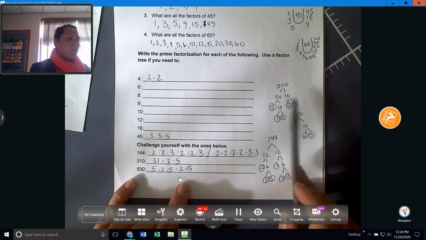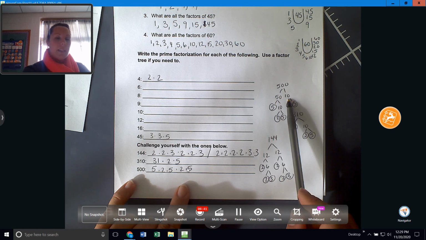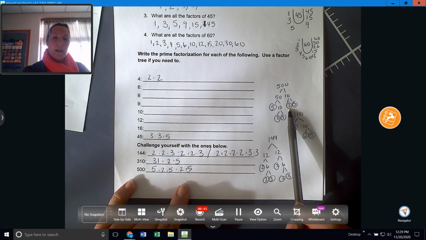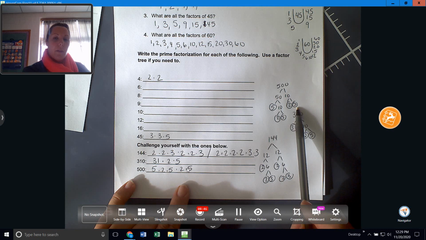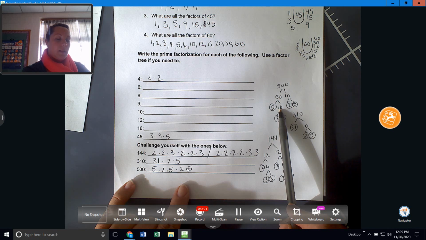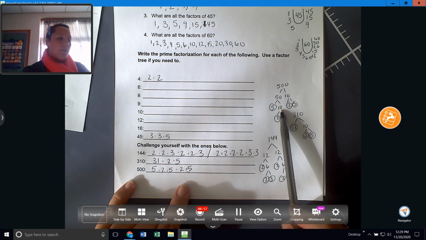So then when we do 500, we broke 500 down into 50 and 10, and then 10 breaks down into 2 times 5, and those both are prime. 50 breaks down into 5 times 10, well 5 is prime, and we break down 10 further into 2 times 5.